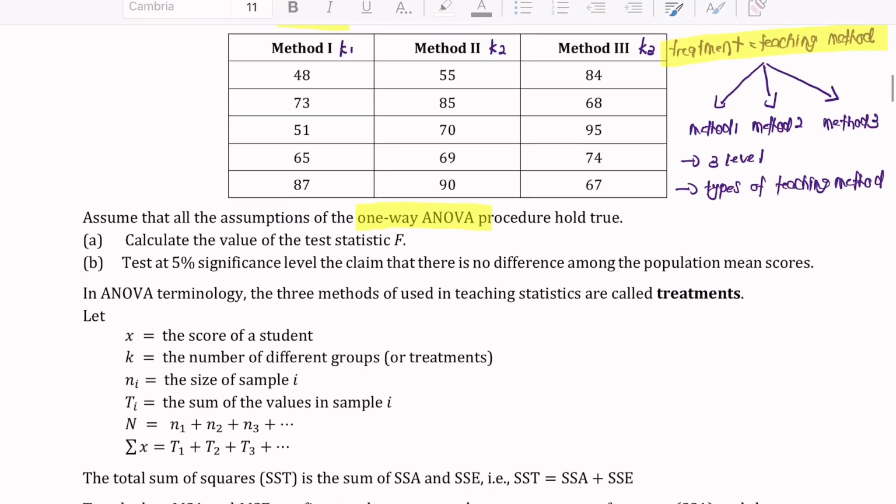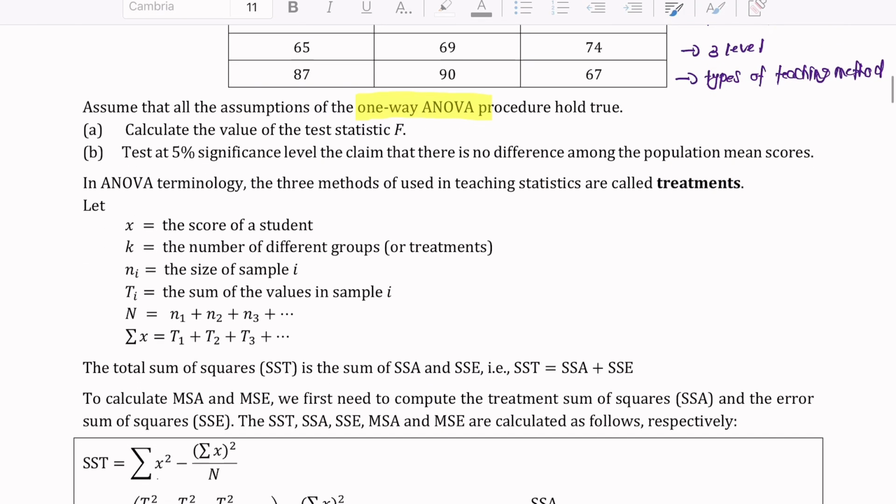We go back to the question. Question A, calculate the value of the test statistic F. Let X be the score of the student. The X is a data point. The data point in the study is the score of the student. What is K? K is the number of different groups.